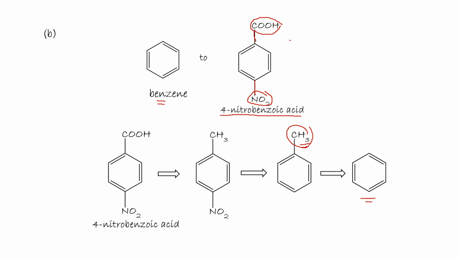So Friedel-Crafts alkylation to toluene, then nitrate, we get para and ortho, we can isolate, okay, and then we oxidize the benzylic carbon with chromic acid to form benzoic acid, right?